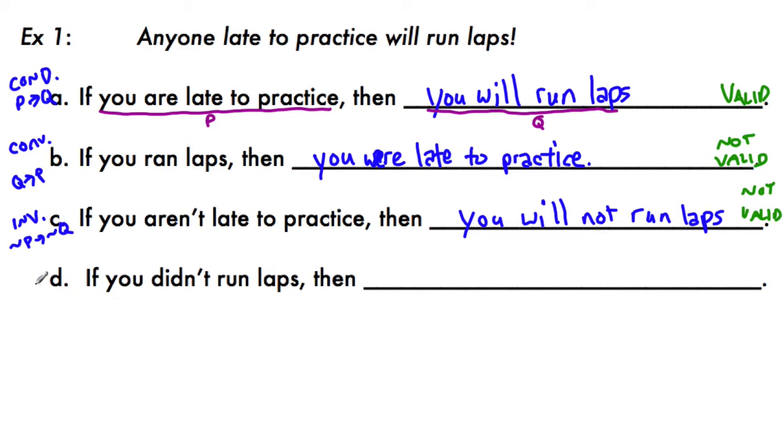The last one, how about the contrapositive? This is where we take our converse and inverse and combine them. So not Q implies not P. Switch them and negate them. If you didn't run laps, then you were not late to practice.